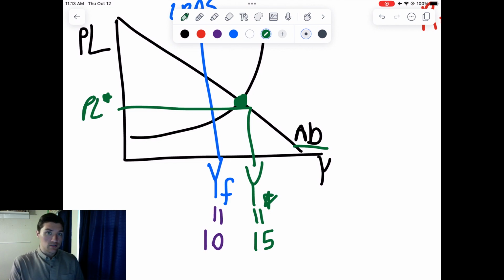So what you need to do is you need to have your workers working day and night. You need to have your workers finding any available resource to make these extra cars. You need to maybe import some other goods so you can import some other resources to make the extra 5 cars. So that's what's happening here, is that you are past or beyond your potential GDP.